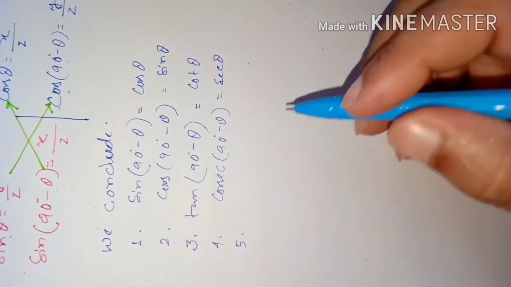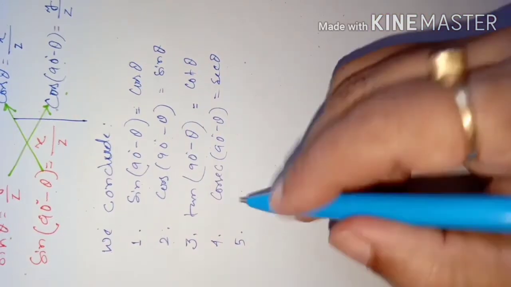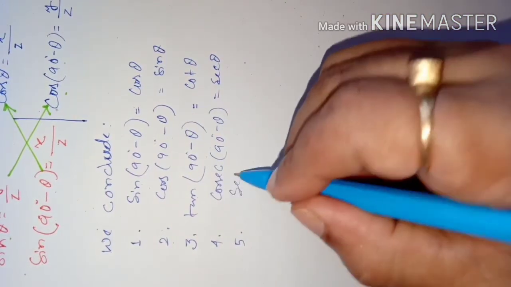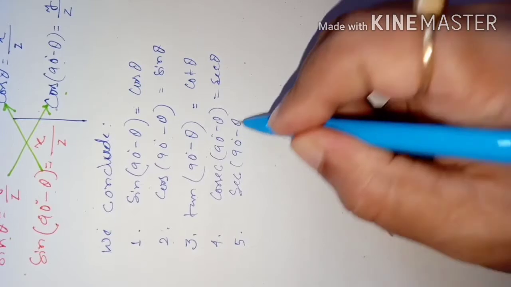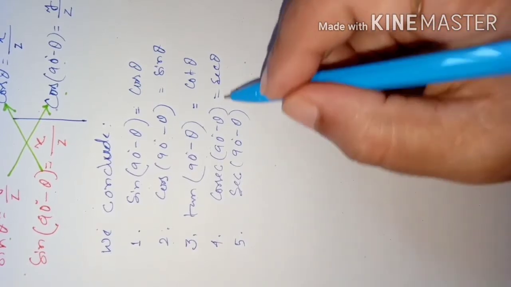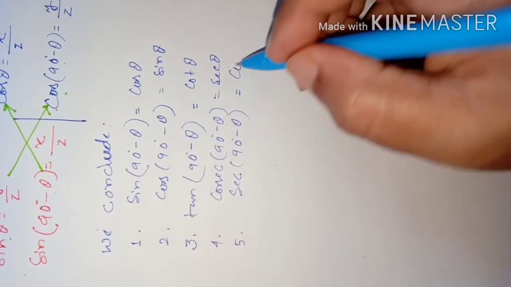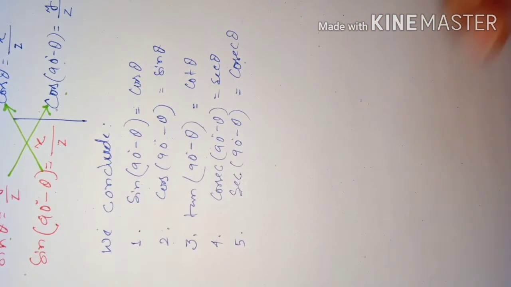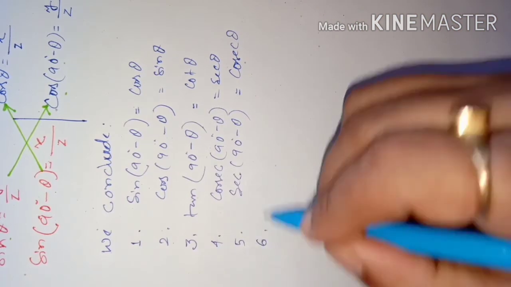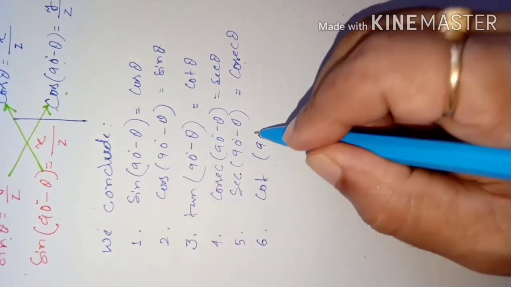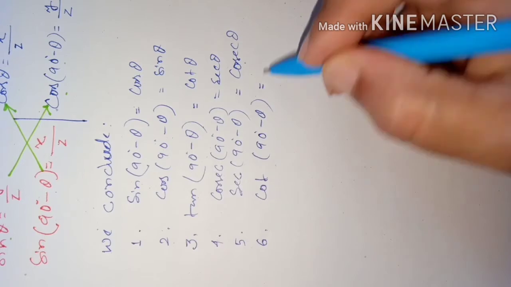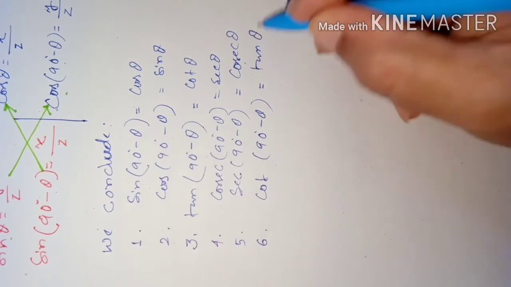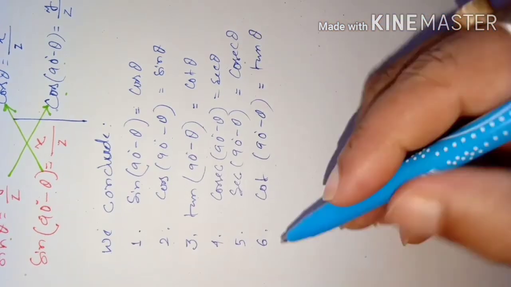These are called T ratios of complementary angles. So sec of 90 minus theta is cosec theta, and cot of 90 minus theta is equal to tan theta. So this list we know.